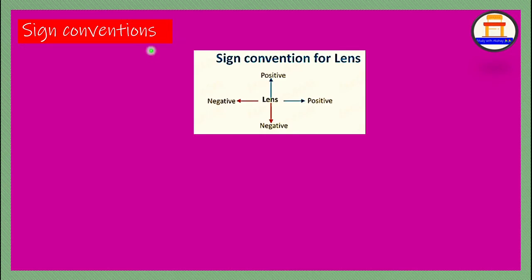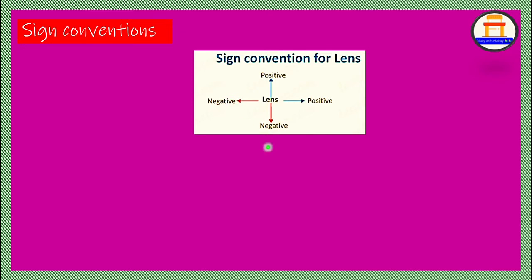Now, what is meant by the term sign conventions? Before going to sign convention, I will display a diagram. Sign convention for lenses. Irrespective of the lenses, let's take our Cartesian coordinate system, that is the xy axis. We have y positive on the upward side, x positive on the right side, and y negative on the downward side and x negative on the left side, that is x dash and y dash, if I am more specific.